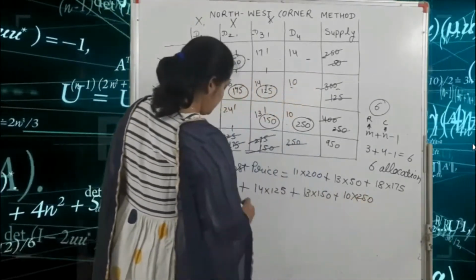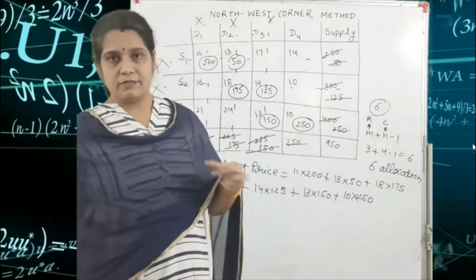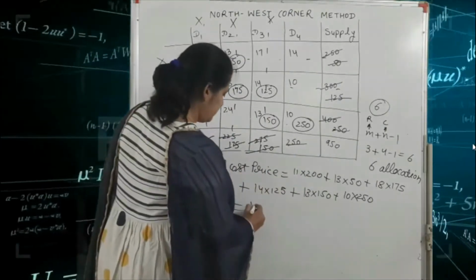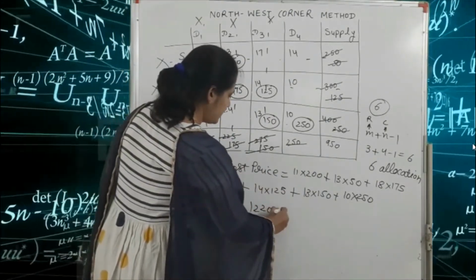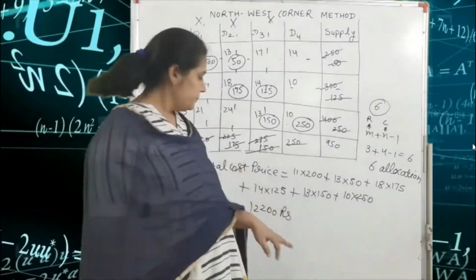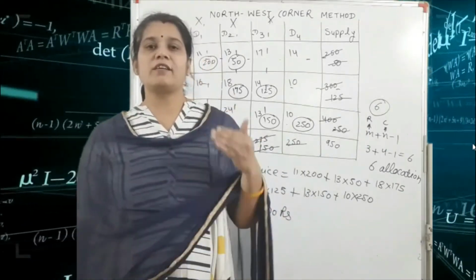According to this allocation and the total values, the final answer is 12,200. 12,200 rupees total cost price. So this is the final answer with the help of the northwest corner method.